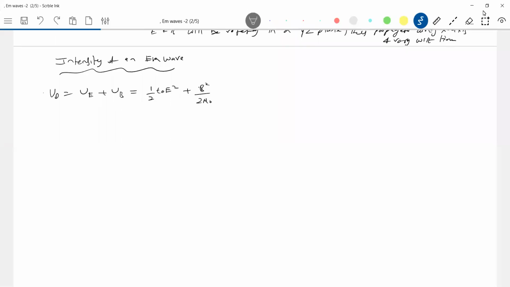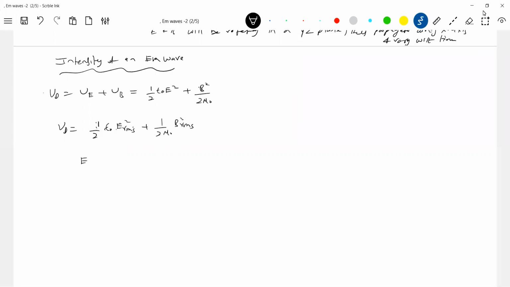Whenever a quantity varies harmonically, we express RMS values. So the same energy density is expressed in RMS values. What is E RMS?